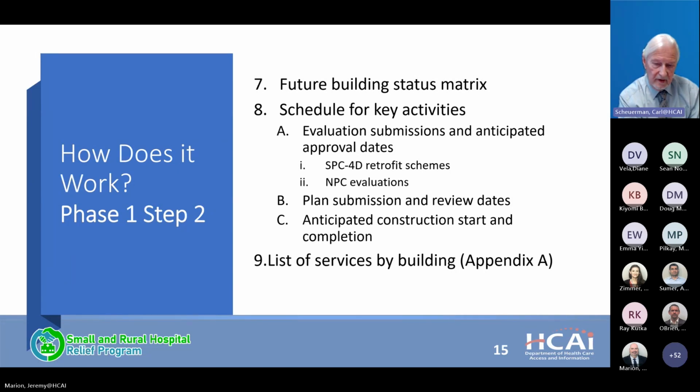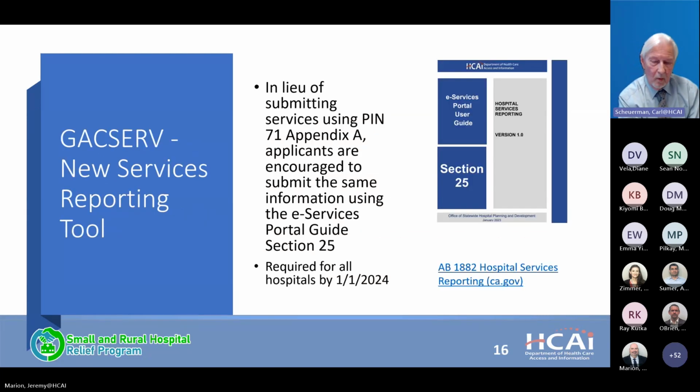Now, the PIN 71 also provides an Appendix A that allows the provider to list the services by building. However, next slide, please, with adoption of Assembly Bill 1882, all hospitals are now required to submit their services on a per building basis, as described here in the Hospital Services Reporting Guide, Section 5.